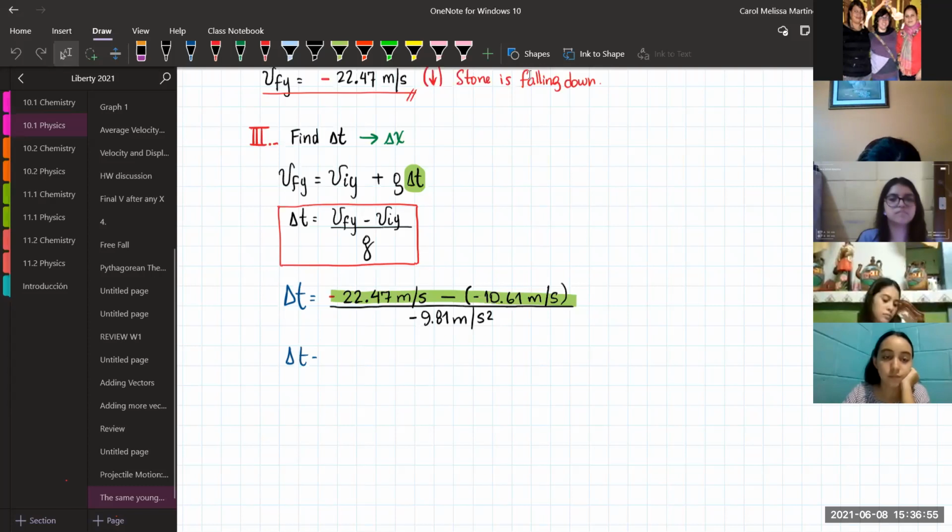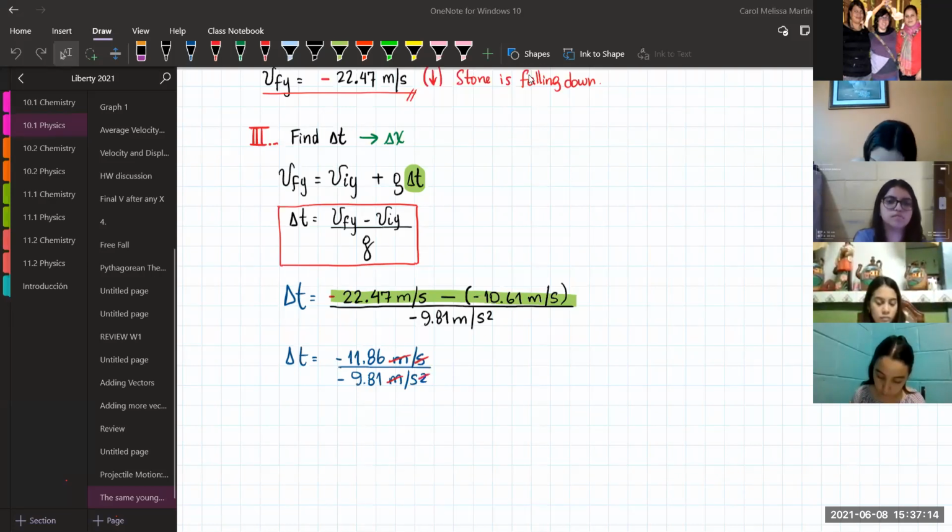I got negative 11.86 meters over second. All this is divided by the gravity, which is negative 9.81 meters over second to the second power. Cancel meters with meters and these seconds with one of these seconds. And in the end, the time is going to be given in seconds. 1.21 seconds.